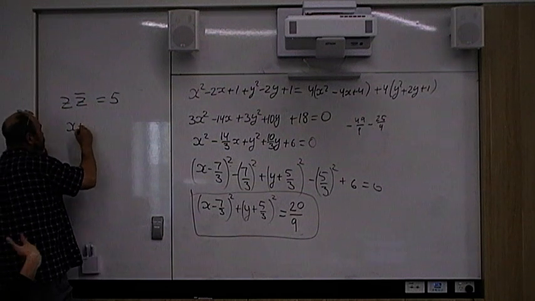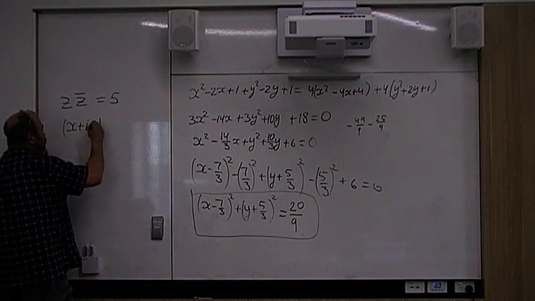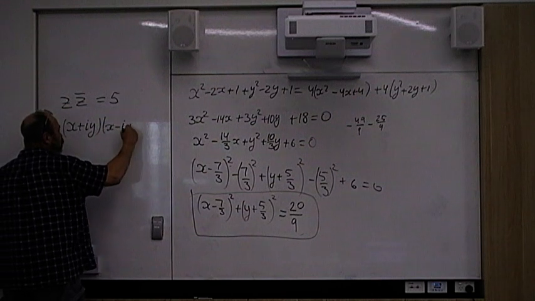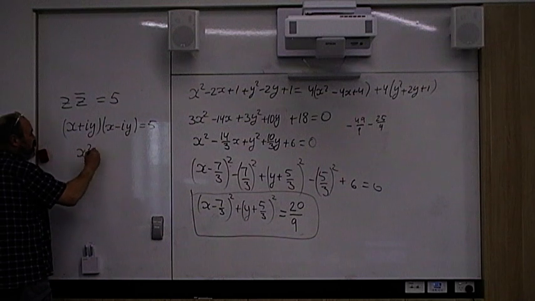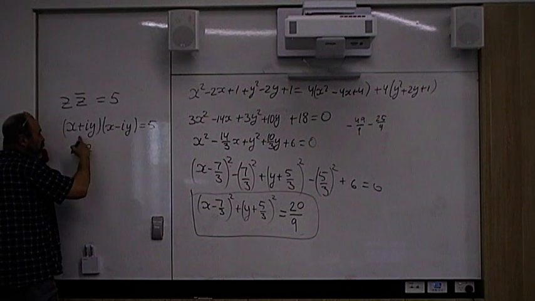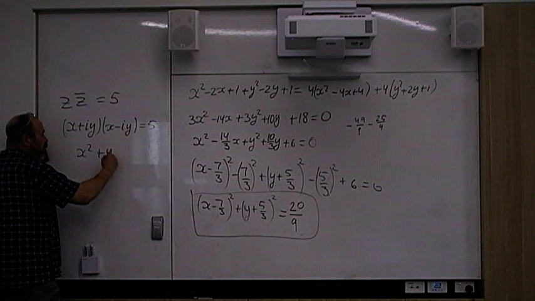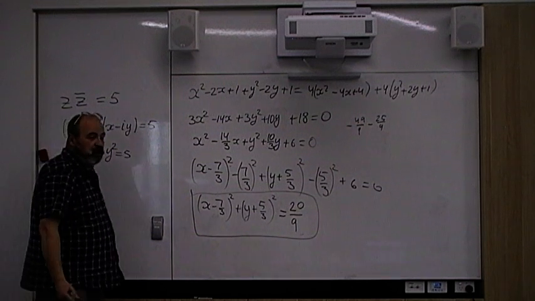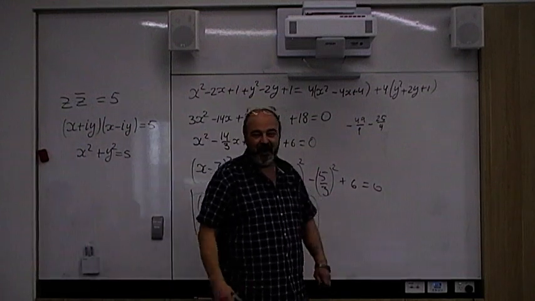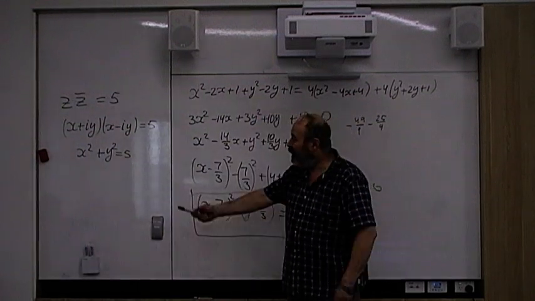We have (x plus iy) times (x minus iy) equals 5. We have x squared plus y squared equals 5. It is a circle.